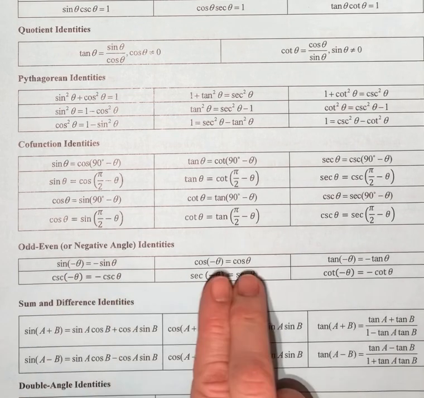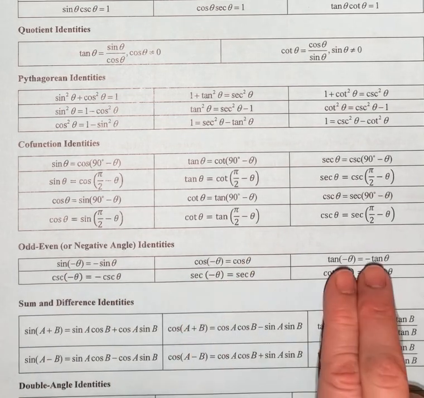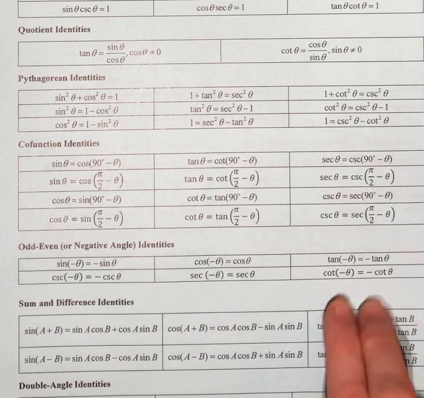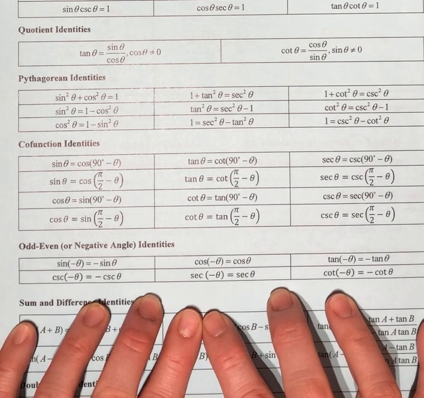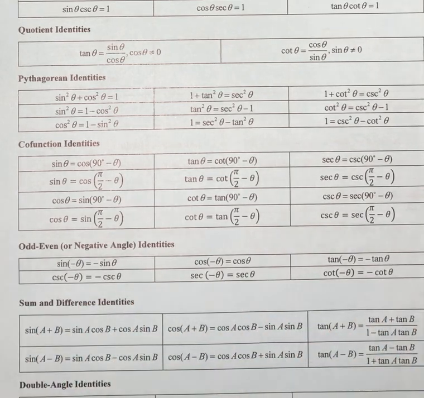Sine and cosecant, cosine and secant, and tangent and cotangent are the same. So up to this point on this page, there's actually nothing new. This is a nice organized way for you to look at this paper and have this in front of you, because eventually what we're going to be doing is proving trig identities, and you're going to want to know these and have these at the ready so that you can use them.